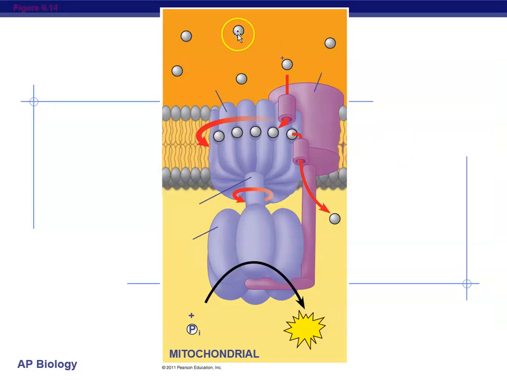So you get an area, these little white circles, those are all H's. And those H's are what will be the energy to make this turbine spin.